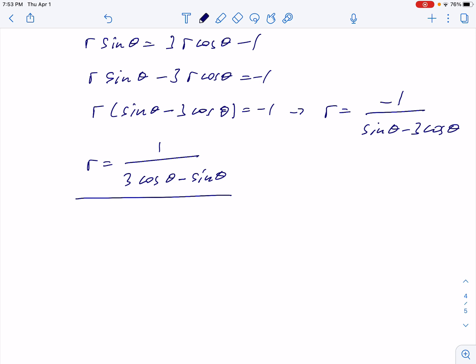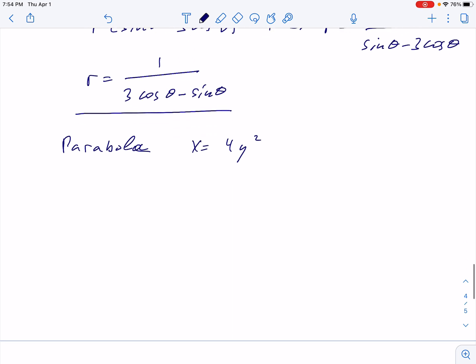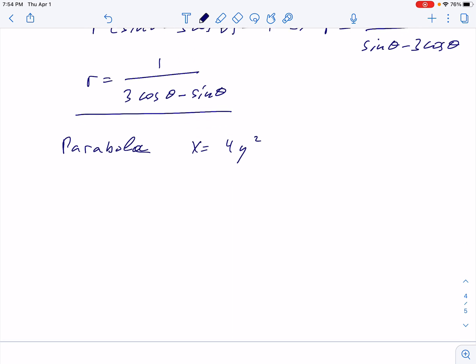Now, let's take one parabola. Let's work with the parabola x equals 4y squared. The axis is along the real line, the horizontal axis, and the vertex is at the origin, (0, 0).